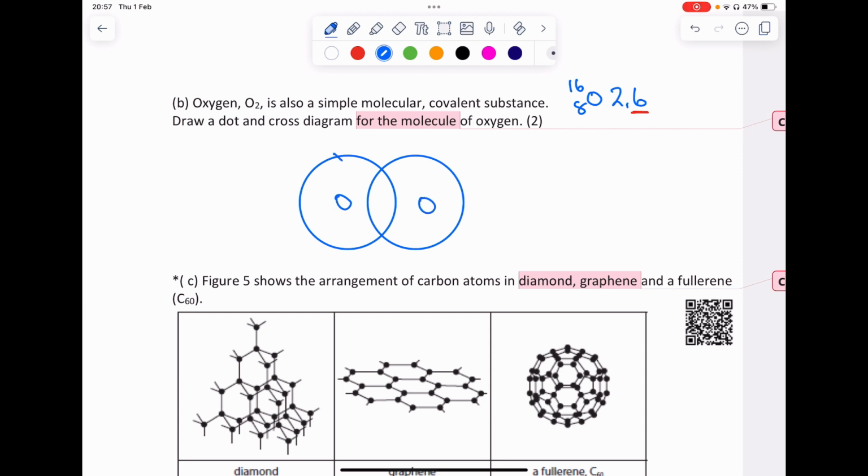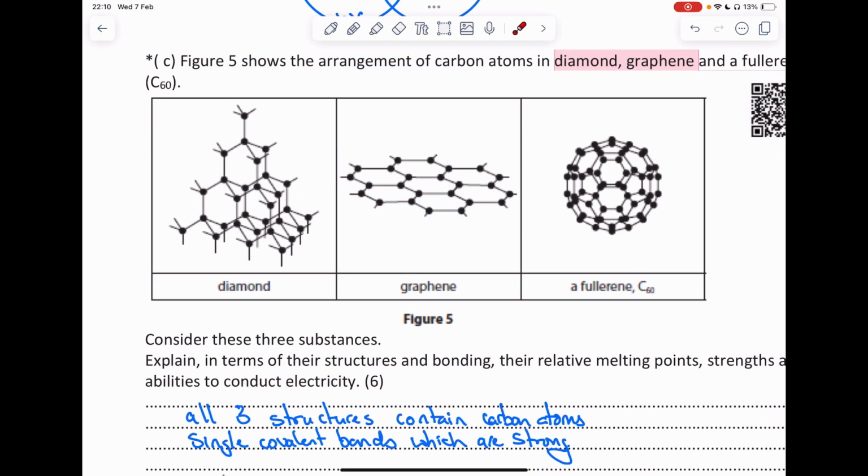I'm going to do one of these with dots and crosses. It's got 1, 2. Now it's going to be 2 electrons shared from this one. And do these ones as dots. 1, 2, 3, 4, and then it's got 5 and 6. So that means there are 4 electrons inside the bond, which means there are 2 covalent bonds in that structure.